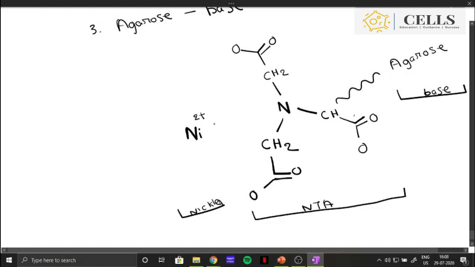Generally nickel is bound using coordinate bonds to this oxygen and the nitrogen, and on the other hand it is bound to 2 H2O, water. So this is basically what an agarose bead looks like.